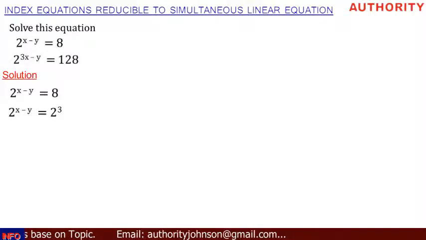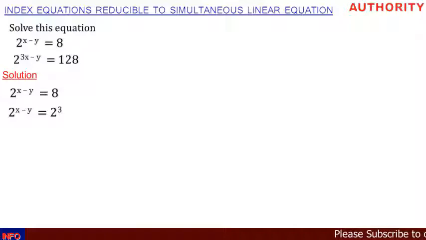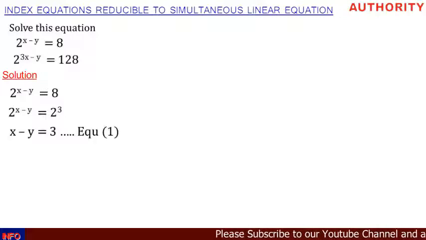So we have 2 raised to power x minus y is equal to 2 raised to power 3. By the laws of indices, we can equate the exponents, neglecting the base. So x minus y is equal to 3.